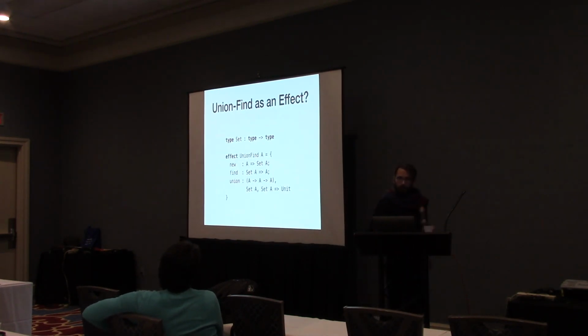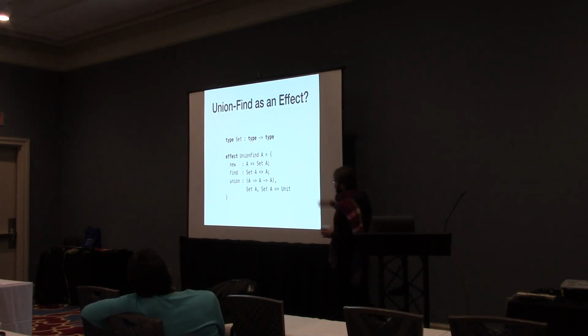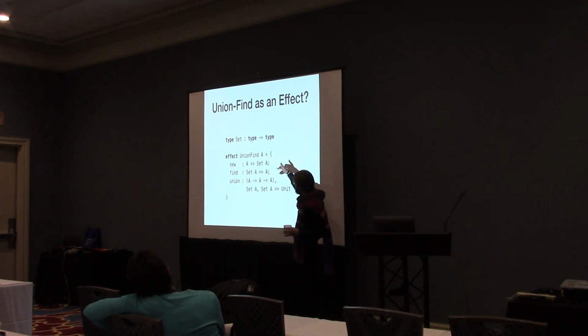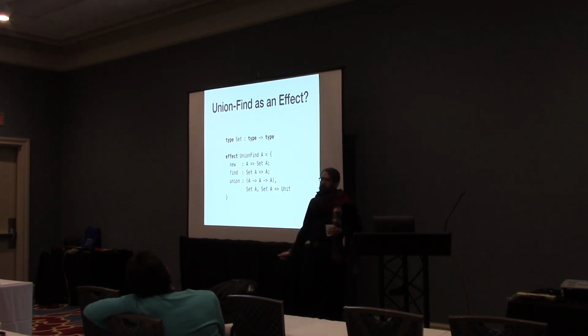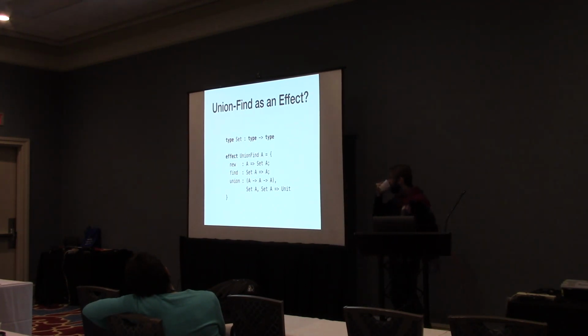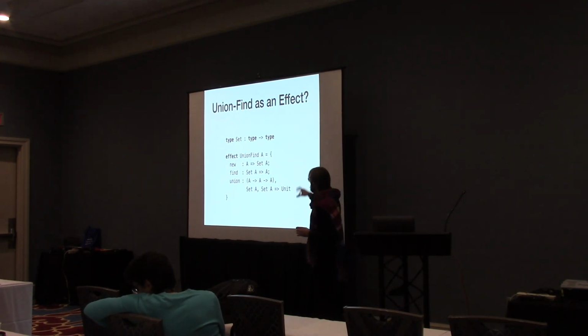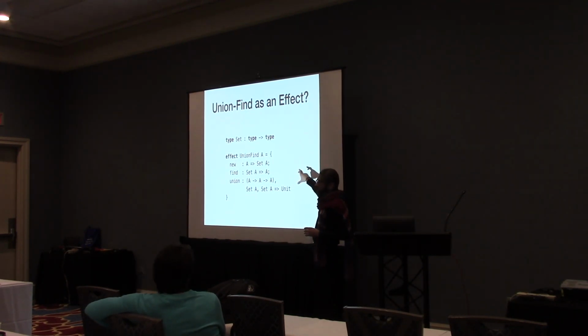And this would lead to a specification like this, where we have some type constructor of sets, and we have an effect, and whenever we call mu or find or union, the control just goes back up to the effect handler, which implements the actual union-find operations. All right? So basically, different handlers for this effect would provide different implementations of the union-find data structure.